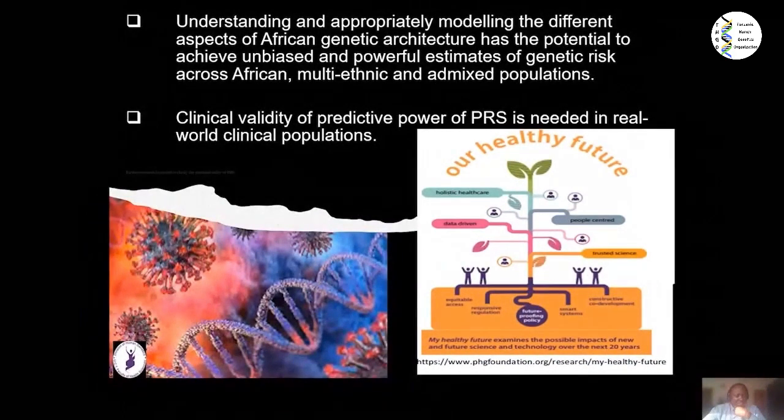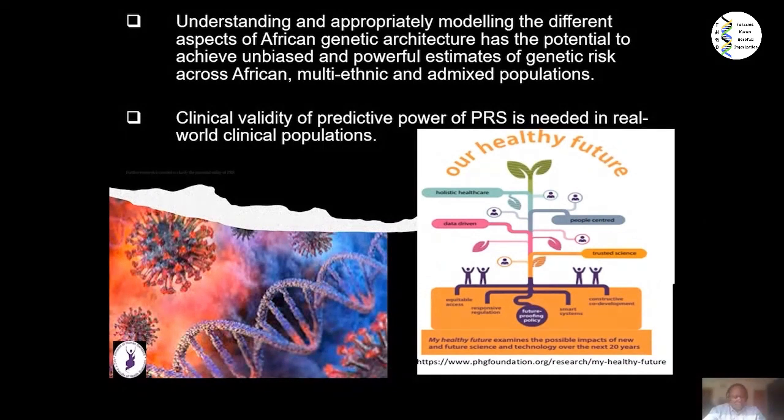The second thing is that natural human evolution or selection pressure can explain some of the differences in polygenic risk score. So at this point, there is a way forward where polygenic risk score can enable predictive medicine, but there is still a question of how feasible this can be.